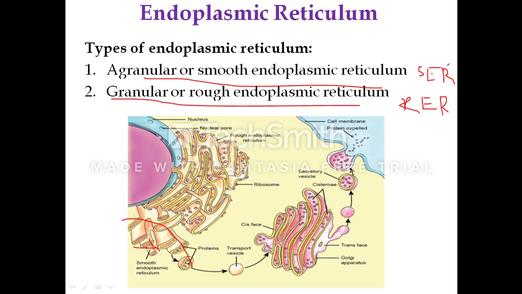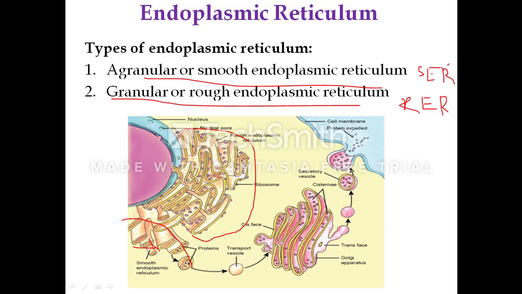Next, coming to the rough endoplasmic reticulum, as it appears, it is studded with the ribosomes and its surface is not smooth. Rough endoplasmic reticulum synthesizes certain membrane and organelle proteins and virtually all proteins to be secreted from the cell. A ribosome that fabricates such protein is bound to the rough endoplasmic reticulum by the nascent polypeptide chain of the protein, a new polypeptide chain.